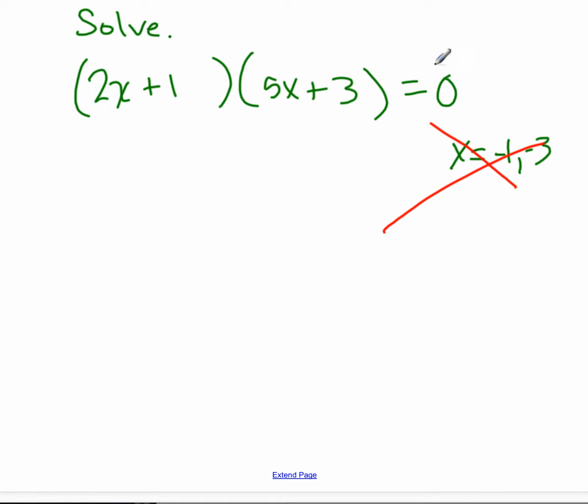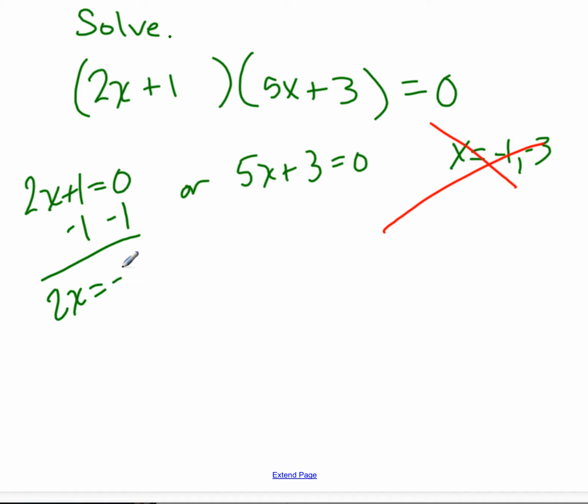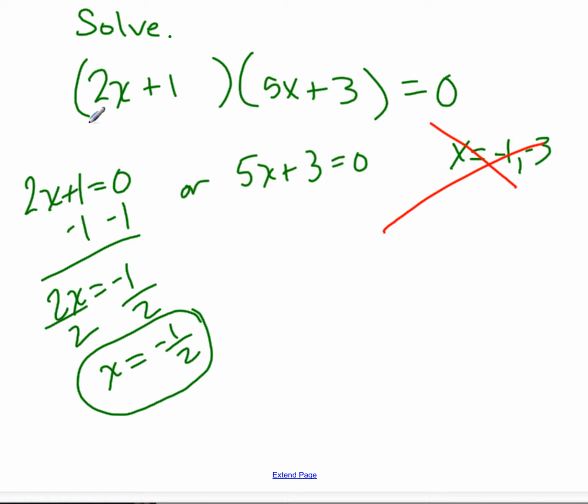Why? Because they didn't say 2x plus 1 equals 0 or 5x plus 3 equals 0. And then let's solve this and see what we get. 2x equals -1. X actually equals -1/2. It's because they didn't take into account the 2 or the 5.